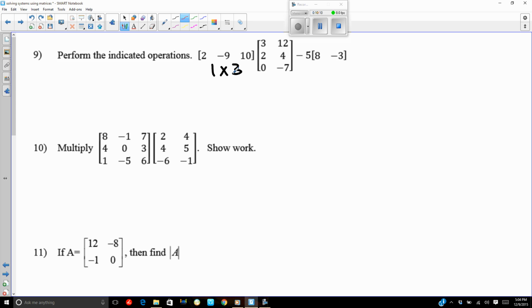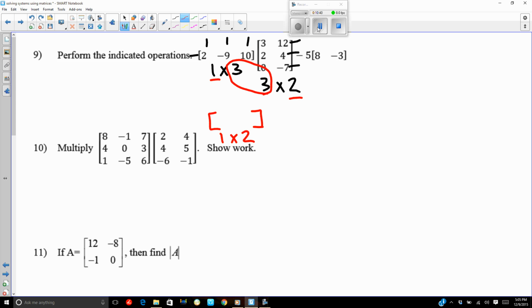Second matrix has 3 rows, 2 columns. So those inside numbers are the same. The outside numbers tell us when we multiply those two matrices together, we should get a 1 by 2 matrix. So that's 1 row, 2 columns. Should just get 2 numbers resulting from multiplying those two matrices.